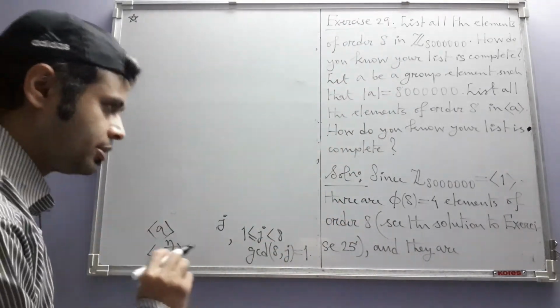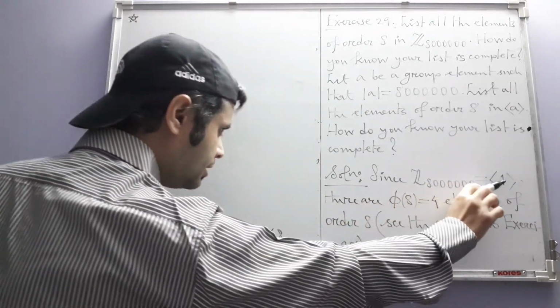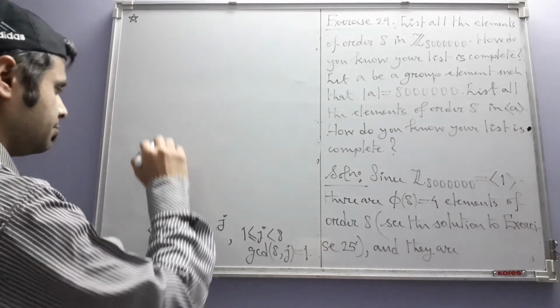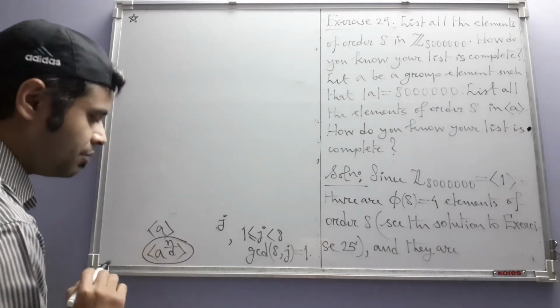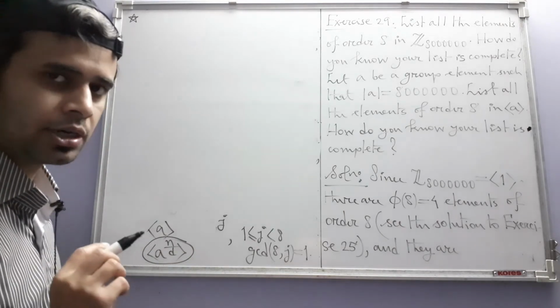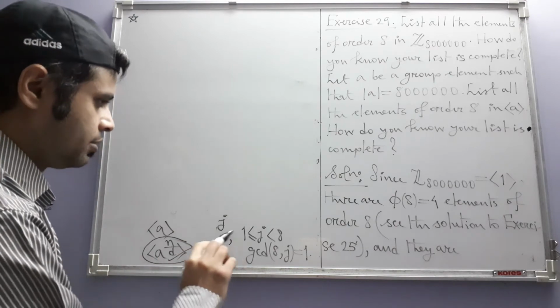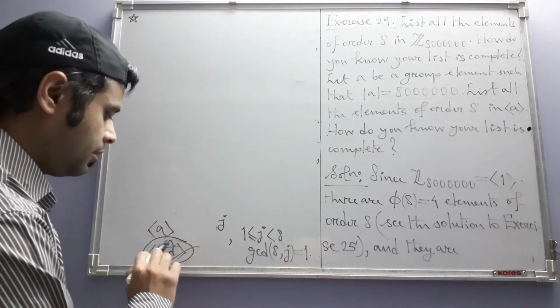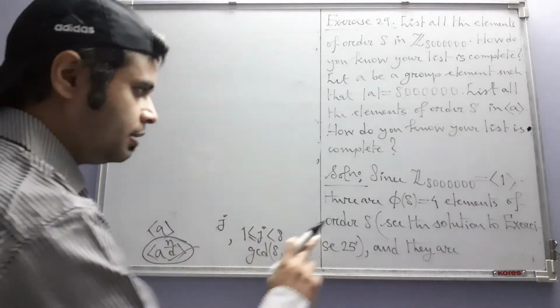A is the original generator of the group, which in our case is 1, and the subgroup in which we will find the elements of order d is this cyclic subgroup. In our case, n is this number and d is 8.